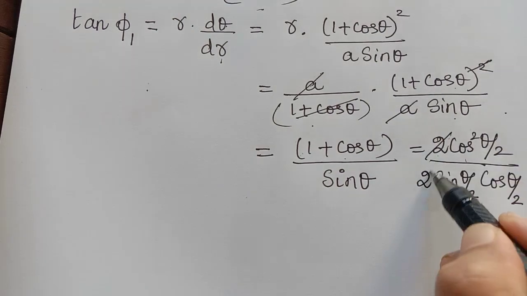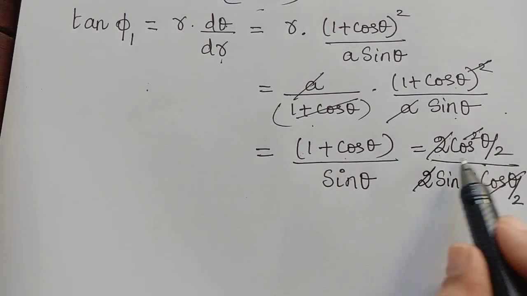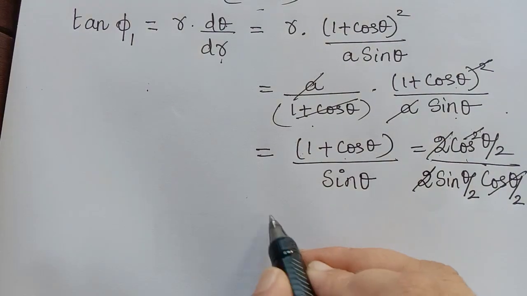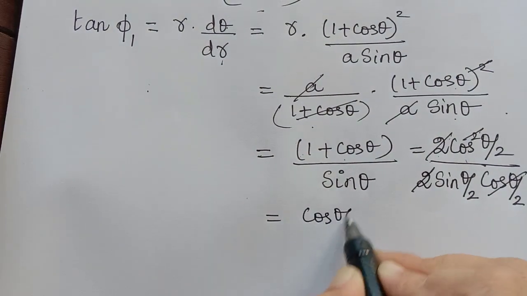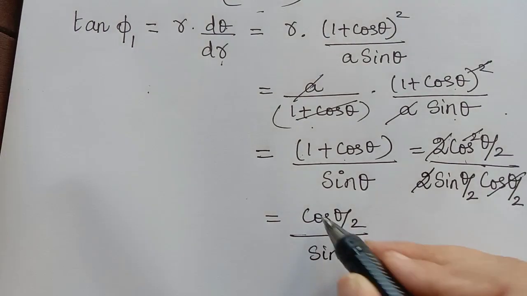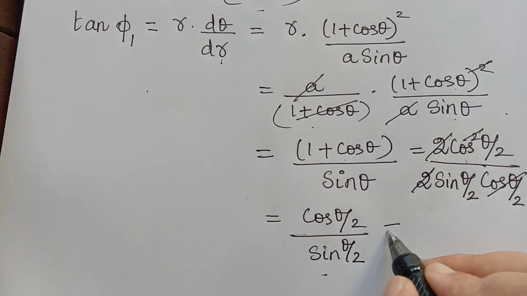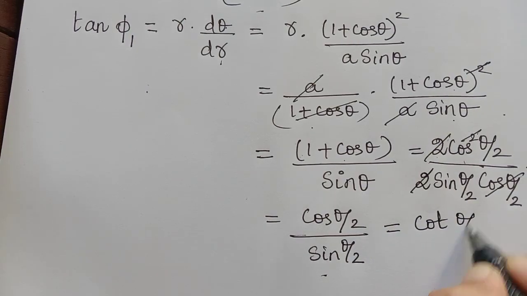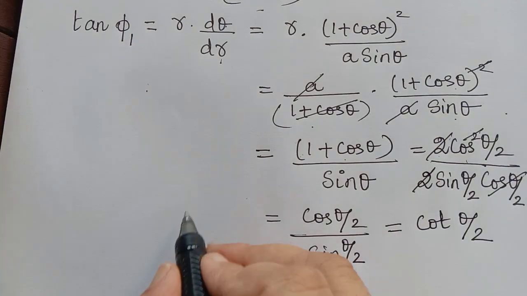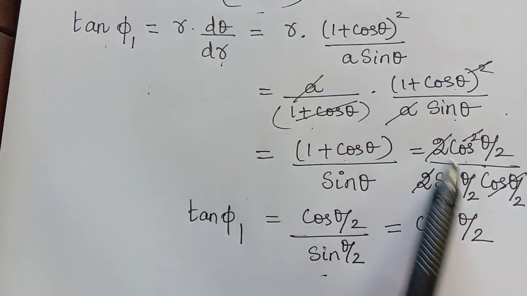So this 2 and 2 get cancelled. One of the cos theta by 2 gets cancelled, and we will be left with cos theta by 2 divided by sin theta by 2. But what is cos divided by sin of an angle? We know that it is equal to cot theta by 2.